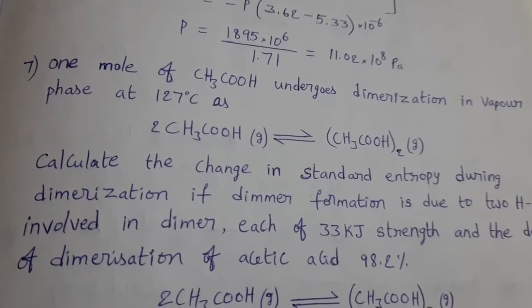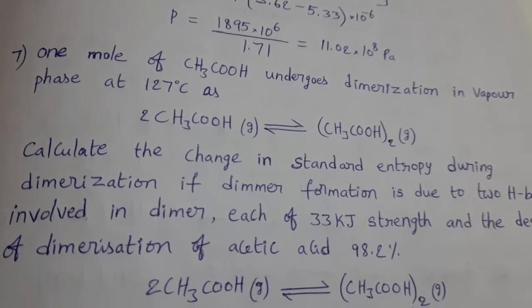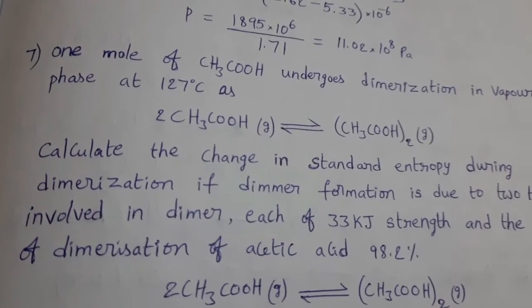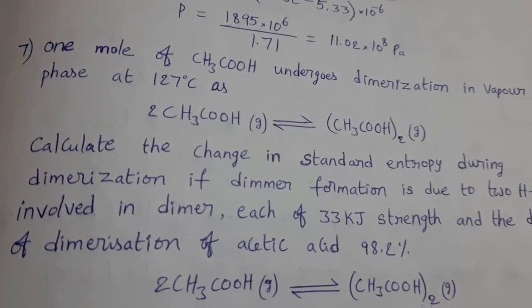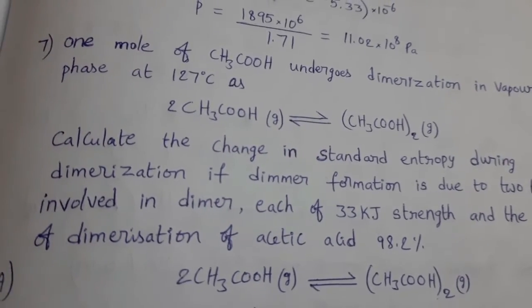1 mole of CH3COOH undergoes dimerization in vapor phase at 127 degrees Celsius as 2CH3COOH gives rise to (CH3COOH)2.